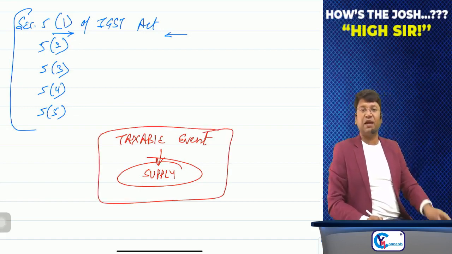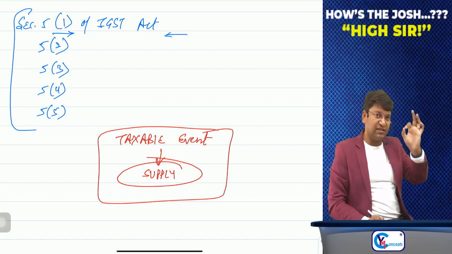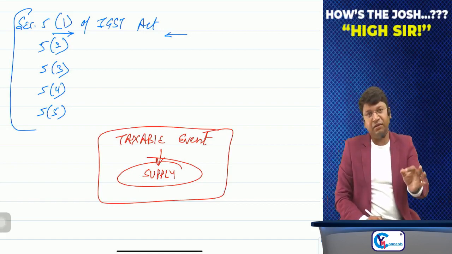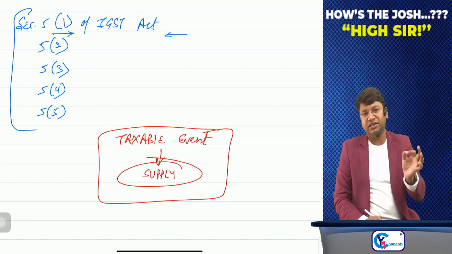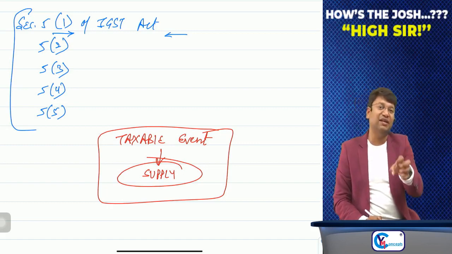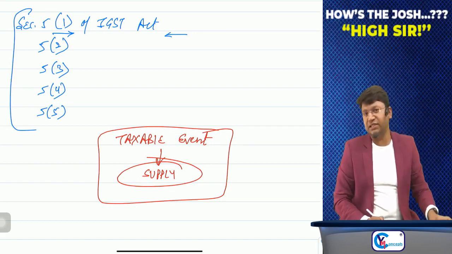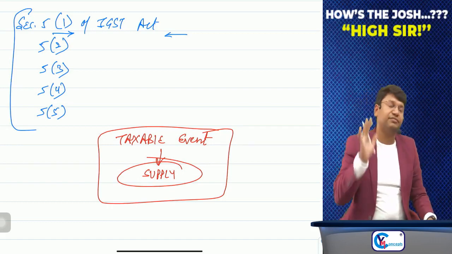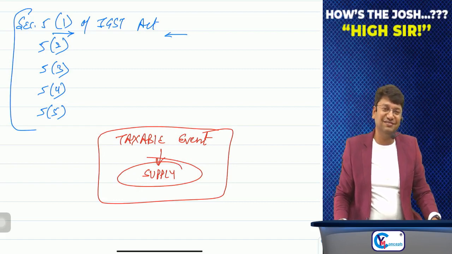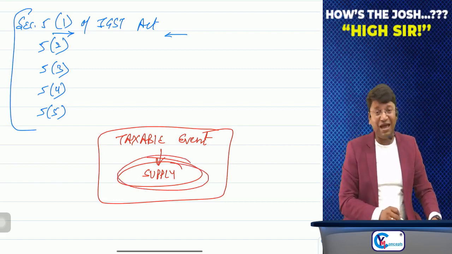Clear? If it is interstate supply, then IGST will be levied. If it is intrastate, then CGST and SGST will be levied. And if it is a union territory, then CGST and UTGST will be levied on intrastate transactions within the union territory. And in case of interstate, always IGST will be levied. Clear? Done. So ultimately, the taxable event is supply.